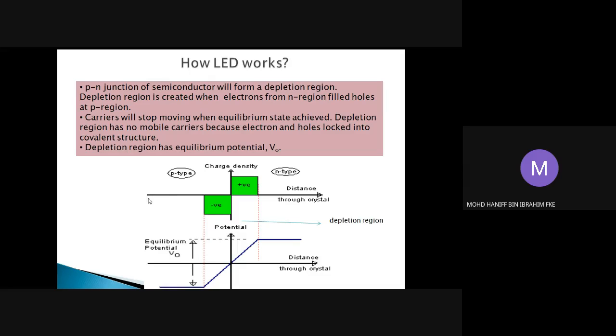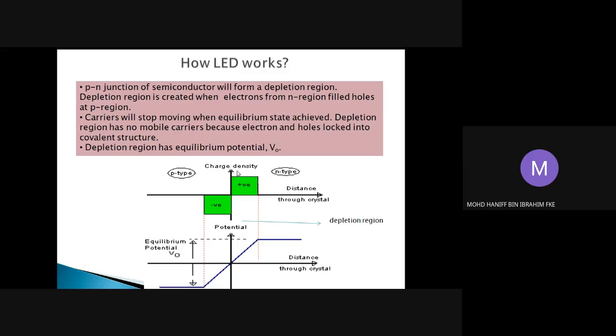A depletion region is a region whereby the electrons from the N type, because we know that in N type the majority carriers are electrons, will move to the P type. So at this particular area of the depletion region, the majority of the charge will be electrons, which is why the potential here is negative.